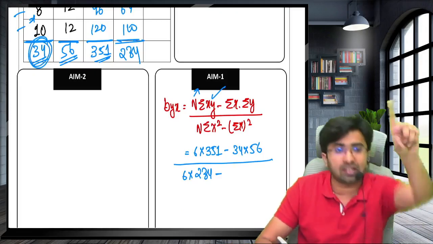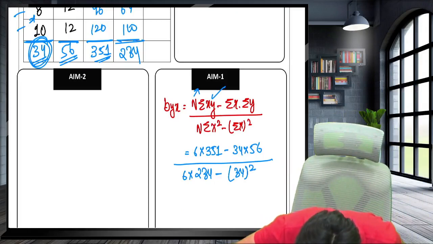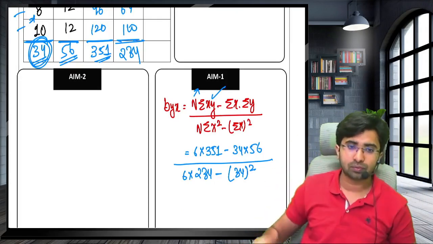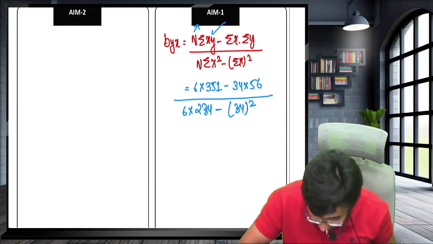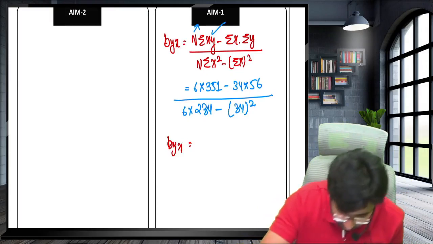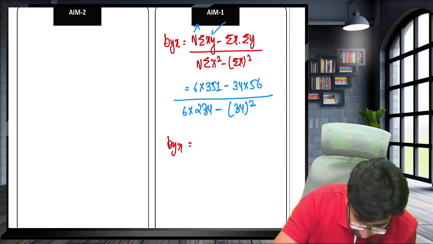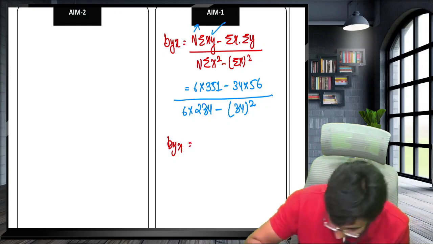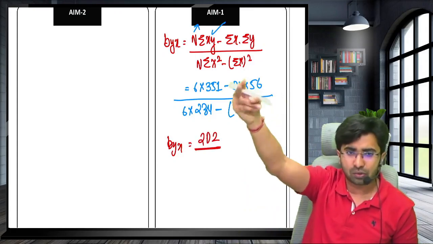Guys, now you have 234 minus summation x whole square. Summation x is 34, so the square of summation x will be 34 whole square. Guys, say yes or no. Now, can you tell me b y on x directly? 6 into 351 is M plus, 34 into 56 is M minus. I got 202 in the numerator. Guys, you can use M plus and M minus to save your time.